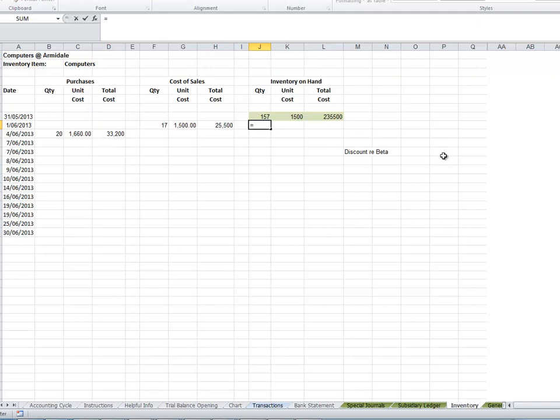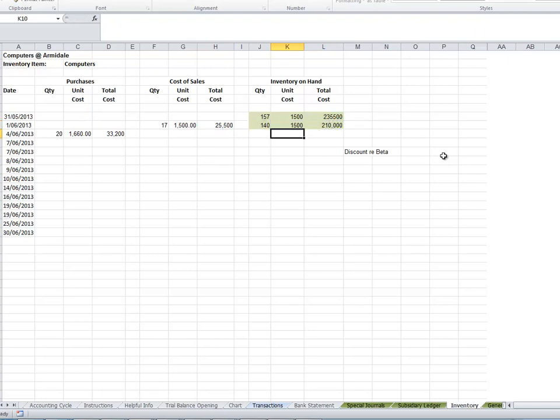So the inventory 157 minus 17 that we sold. Total cost of what we had is the total cost at the start less the 25,500 we sold. So the average cost of computers won't change at $1,500 each.